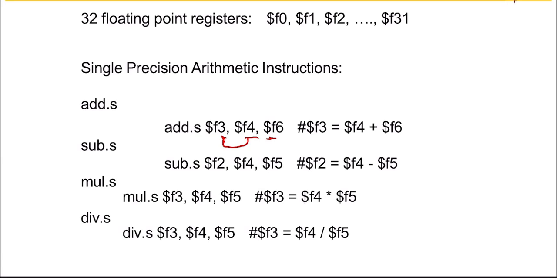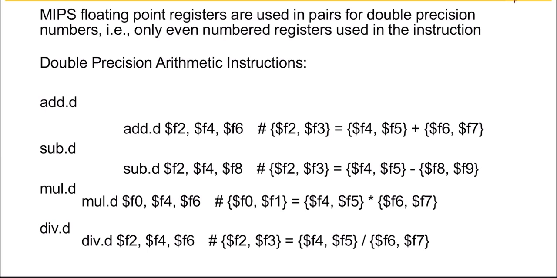So for example, when I added f4 and f5 in this example, I store the answer in f3. But if I was doing double precision, when I add f4 and f6, I'll store it in f2. The reason is that f2 is only 32 bits, but the answer may be 64 bits because it's double precision. So we're going to use f2 and f3.